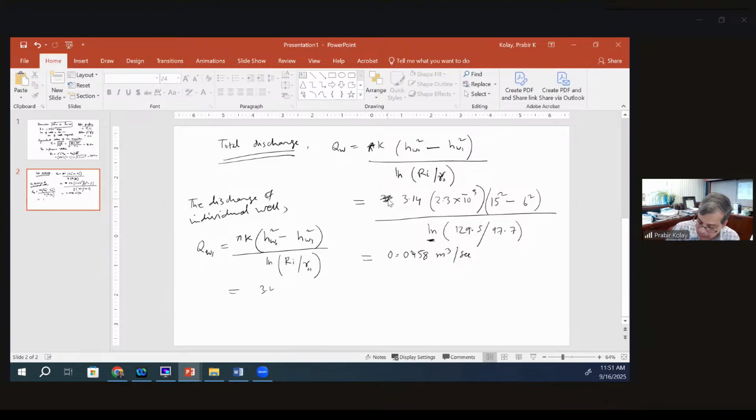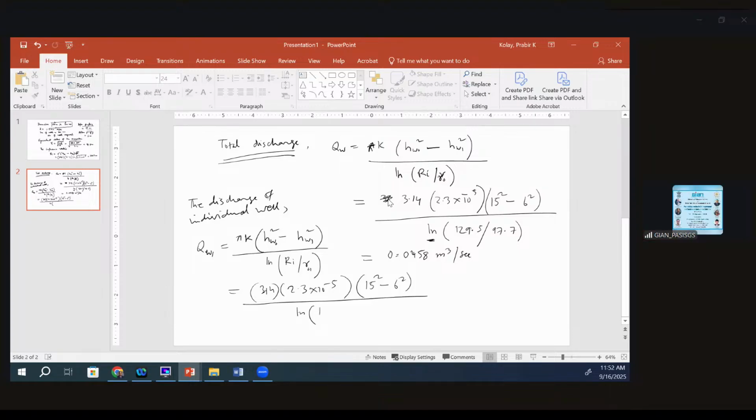So pi is equal to 3.14, times k is the same, 2.3 times 10 to the power minus 5. H is the same, 15 squared. How much is the drawdown? 6 again, ln. How much is the Ri? 129.5.